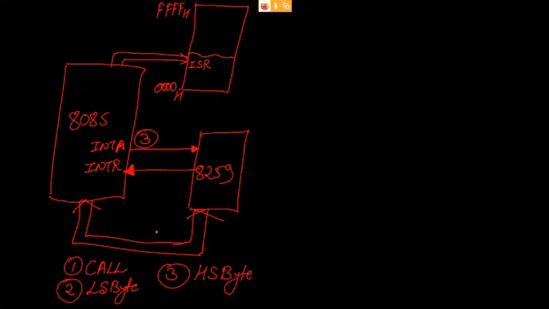Okay, then after that it executes the interrupt and then comes back. And in between there are so many things, like 8259 can decide how the ISRs are arranged in the memory. That means after every 4 interval or after every 8 interval. These are all provided by the ICWs.